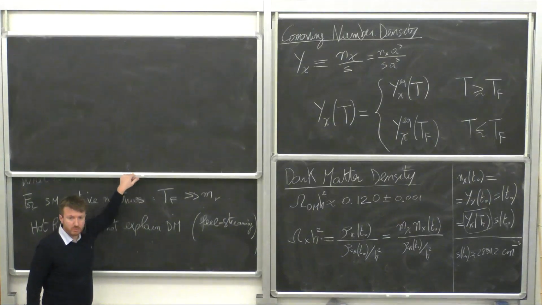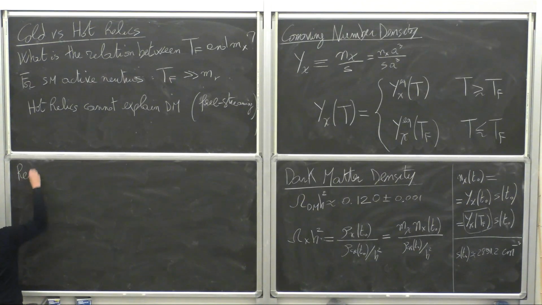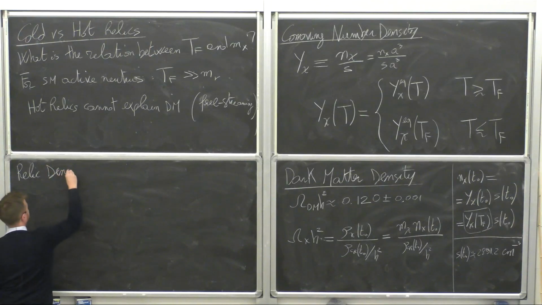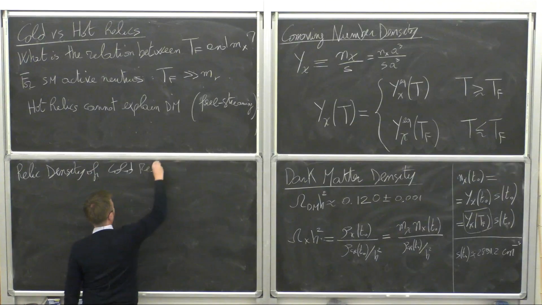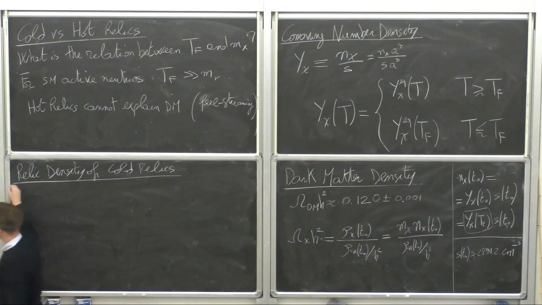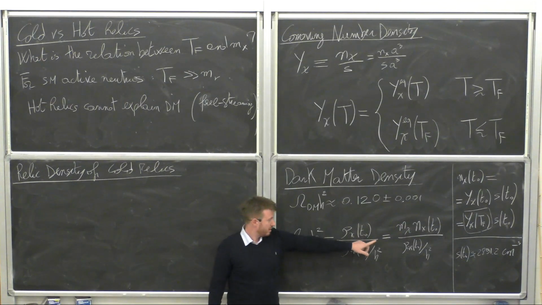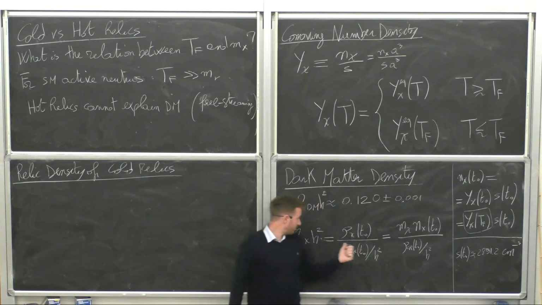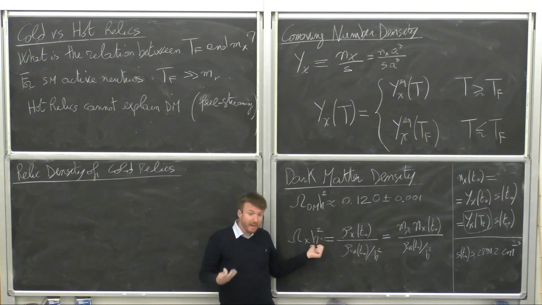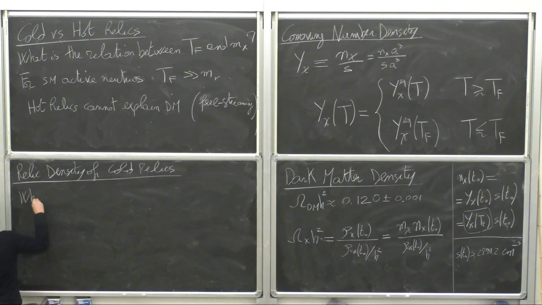So let's now compute the relic density of cold relics. This is the first calculation of relic density, and we will end up putting the right numbers in and finding how omega chi h squared depends on the parameters of the theory. So what are the parameters?